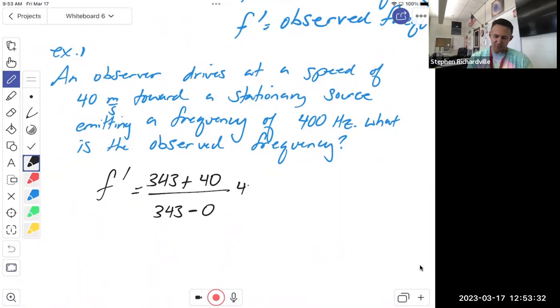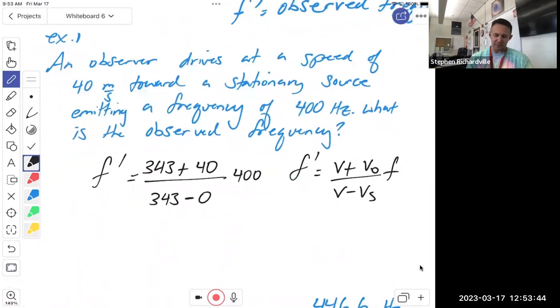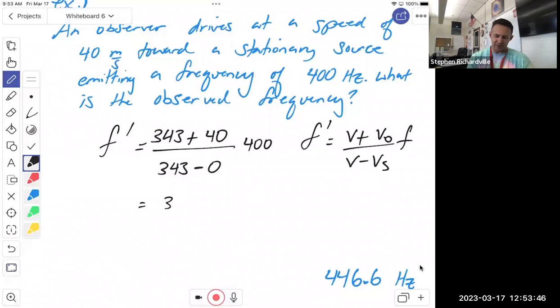My frequency is 400. So again, this is F prime equals V plus V observer over V minus V source times the original F. You can see what I'm going to get is 383 over 343.